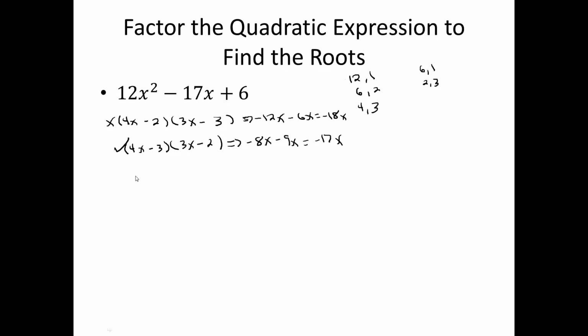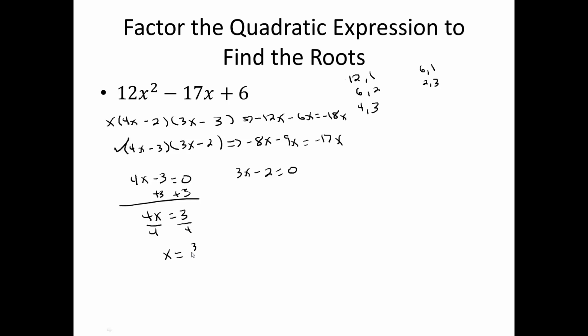Now to find the roots, we would take each one of those and set them equal to 0. So after we factor, we set those equal to 0 and we solve. So here, add 3, add 3. 4x equals 3, divide by 4, divide by 4.